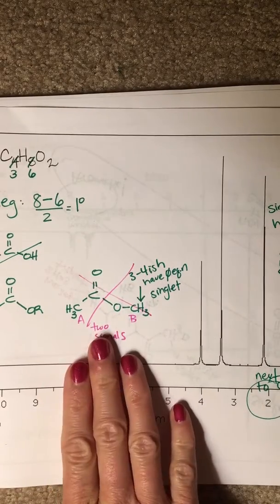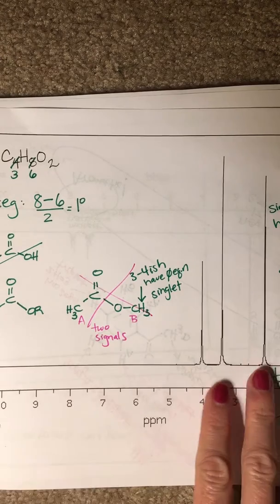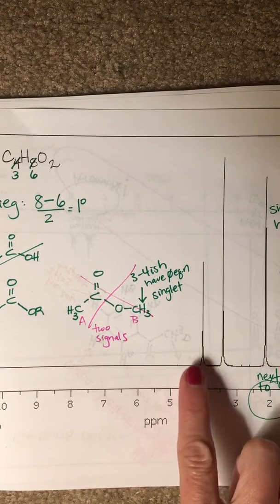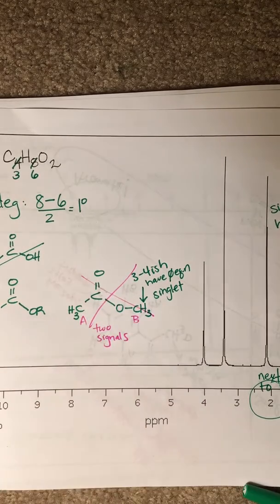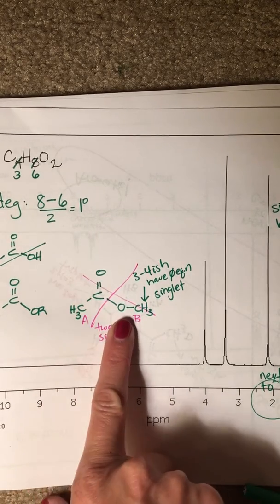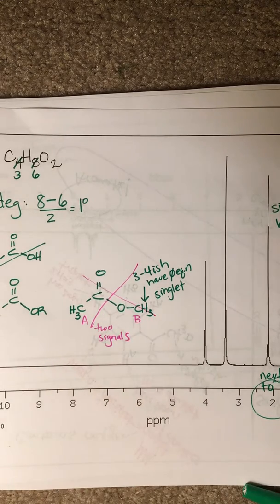So it's great to check your work. We ruled out that this is an ester, even though we're used to these splitting patterns here, not splitting patterns, but chemical shifts being of an ester, we've got 1 more signal. So we can't have an ester functional group. We're going to have to break up our oxygens. We definitely know we have that carbonyl, but we have to move our oxygen because we've got another signal there.